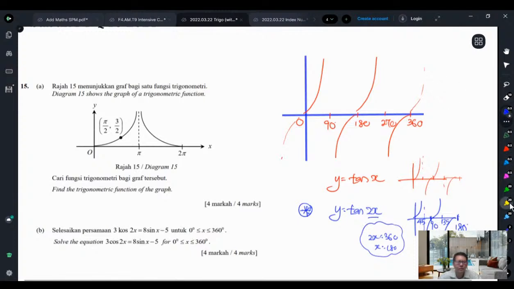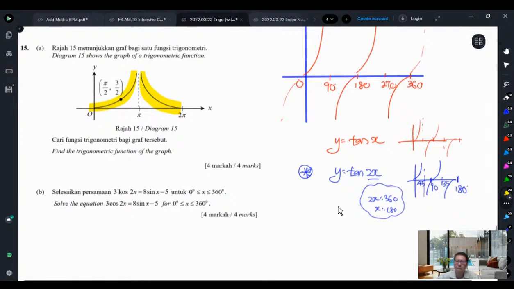Okay, so for this question, here you can see what shape this is. Now, let me show you how to find this one. First, I will draw y equals tangent x.